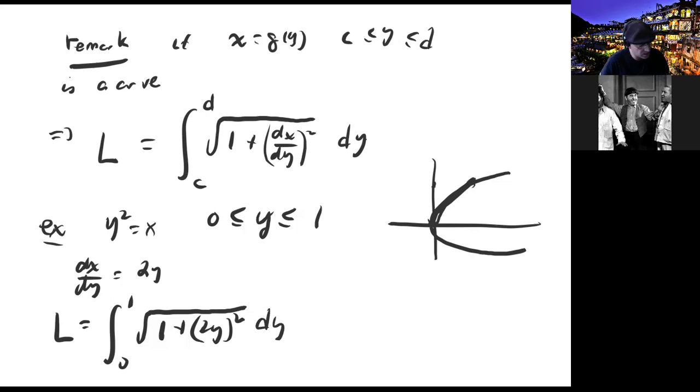So now we have to integrate that function. Let me save the slide and clear the screen so we can actually do that integration. Okay, so it's the integral of the square root of 1 plus (2y) squared dy from 0 to 1.